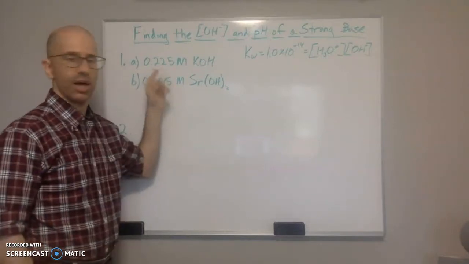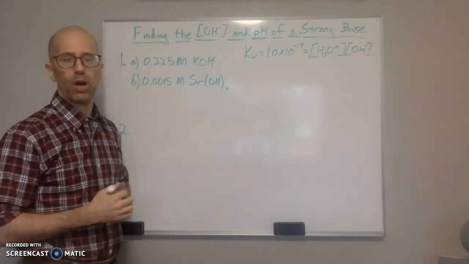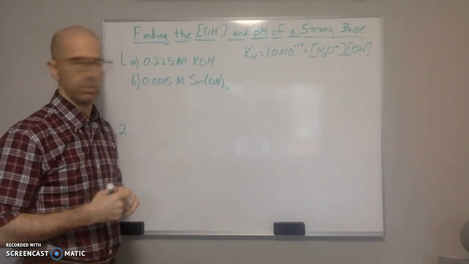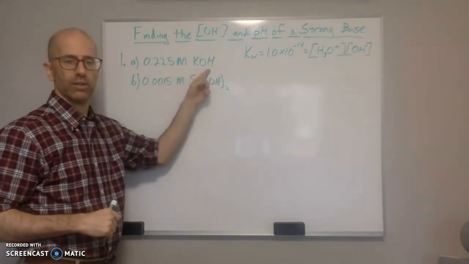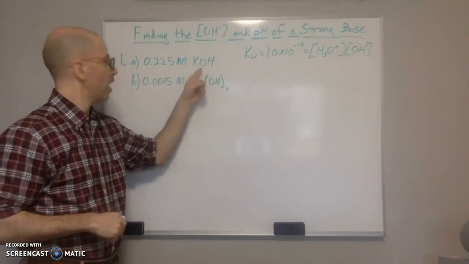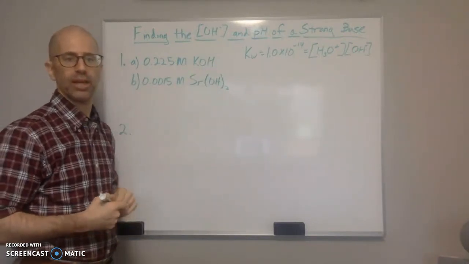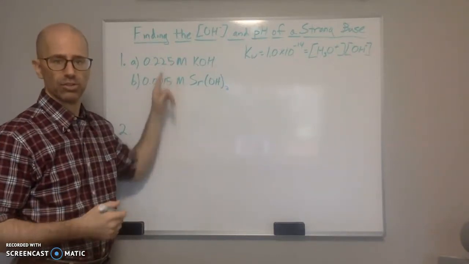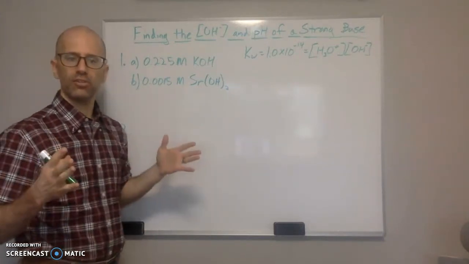Since these are strong bases, they're going to dissociate completely in water, so we can easily figure out what the concentration is going to be. If you've got a strong base with only one hydroxide ion in the formula, then whatever concentration of the base you have, that's the concentration of the hydroxide ion, because it's just going to dissociate completely.